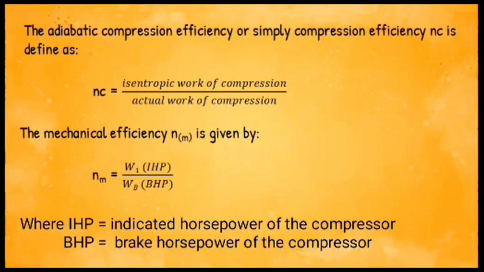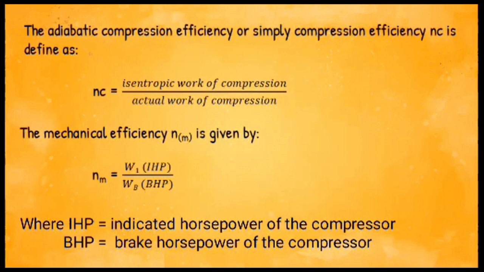The mechanical efficiency, NM, is given by NM is equal to WI over WB, where WI is the indicated horsepower of the compressor and WB is the brake horsepower of the compressor.